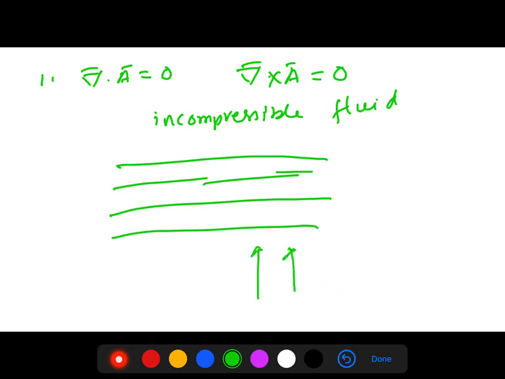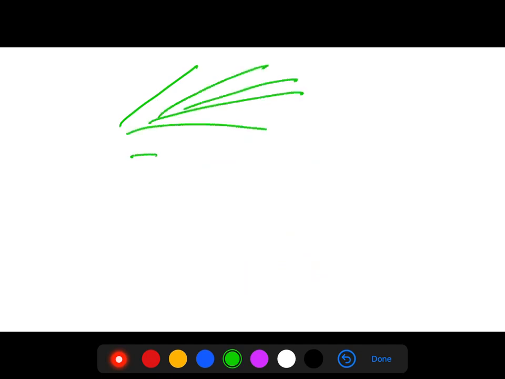So you cannot compress the field. So, incompressible fields. Now fields having divergence but no curl. So there are fields which have divergence but no curl. In that case divergence is not equal to 0 but curl is equal to 0.